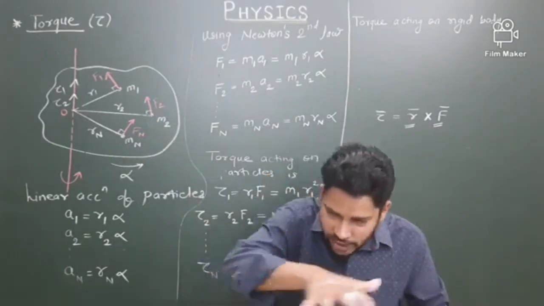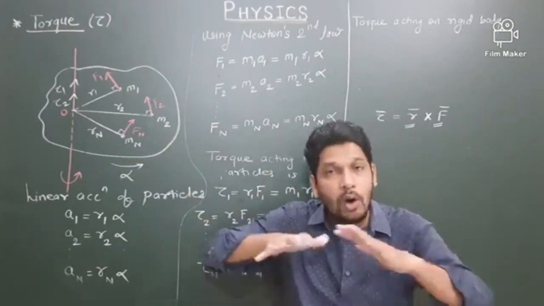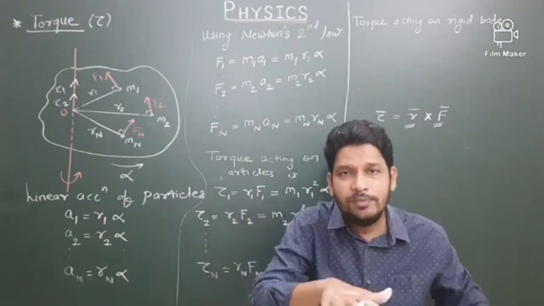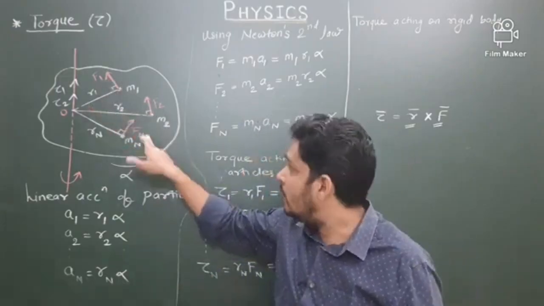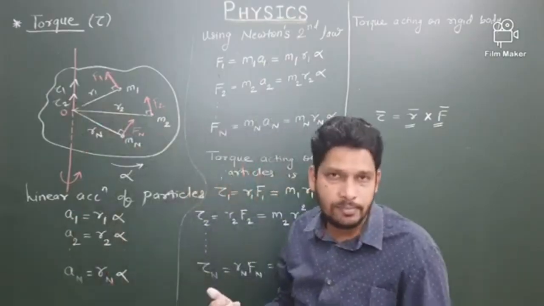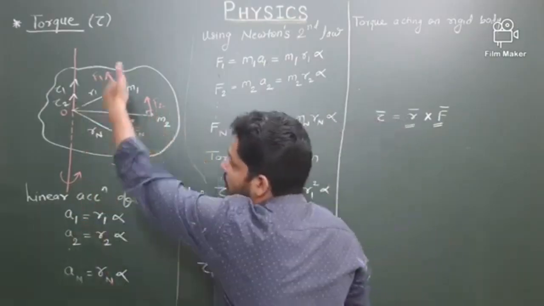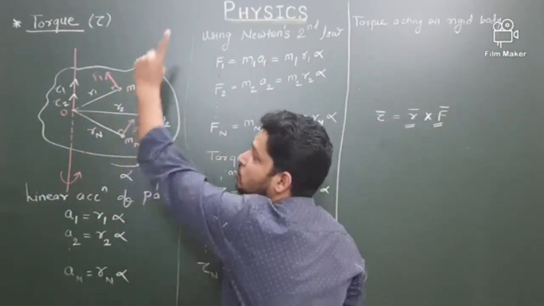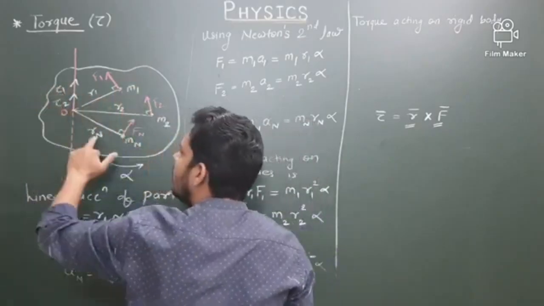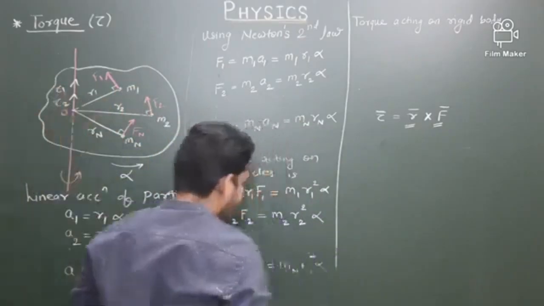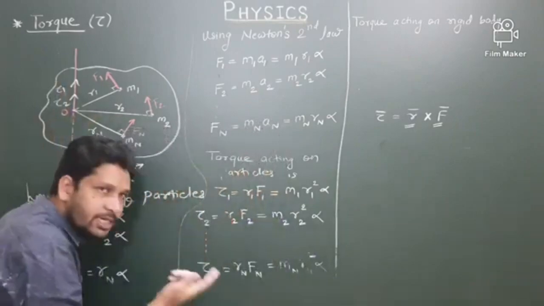So when a body is rotating, all the particles are moving in the same direction. So the direction of force of each is the same, therefore the direction of torque is also the same. So all the particles have torque along the axis, going upward. Similarly, tau n is also in the same direction.